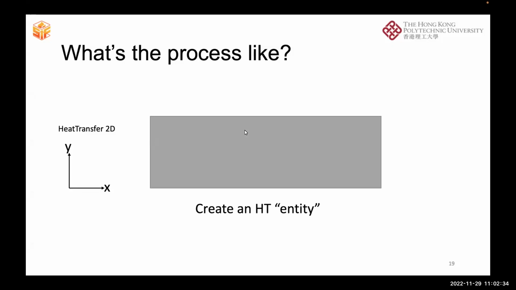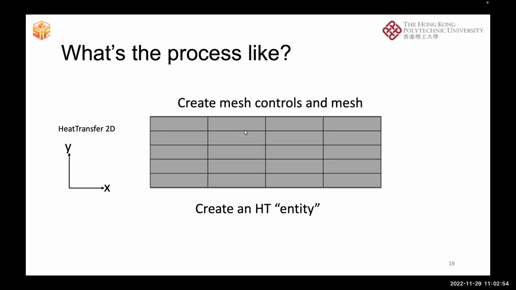And so he said, instead of building nodes and building the elements by ourselves, and you can still do that if you want to, let's create an entity, which is basically a geometric shape. In this case, it's a block, right? And then you tell OpenSees, I want you to mesh this block, and then you do your usual things, but you refer to the entities. And again, just like earlier, we will jump right into looking at an example.